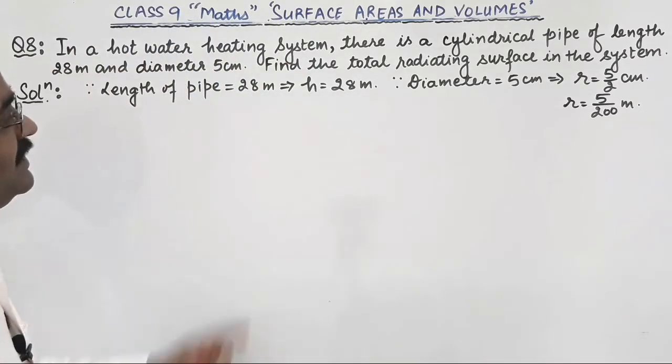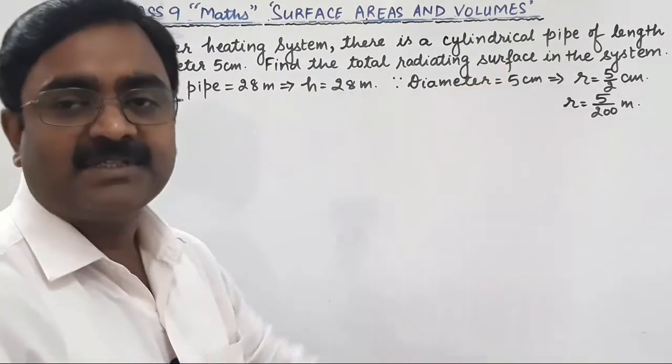Now, as it is given, find the total radiating surface in the system.